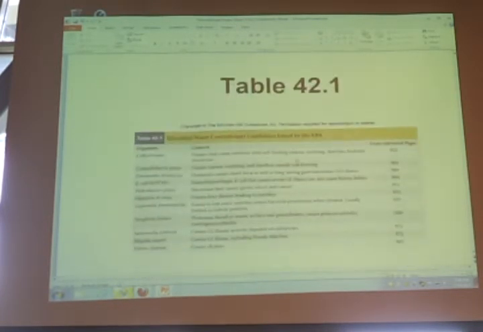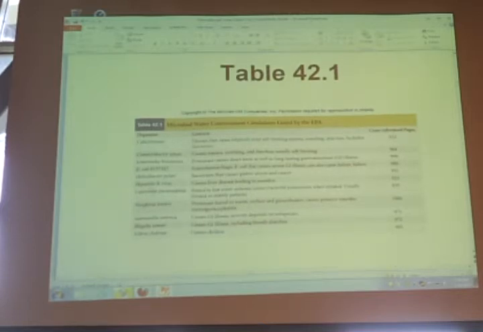So this table shows some of the organisms that are listed. This is the water contaminants listed by the EPA. And if you look, these are all things pretty much that we talked about. The norovirus, that was one you had to learn about when we talked about viruses. It's just listed as viruses as a category.